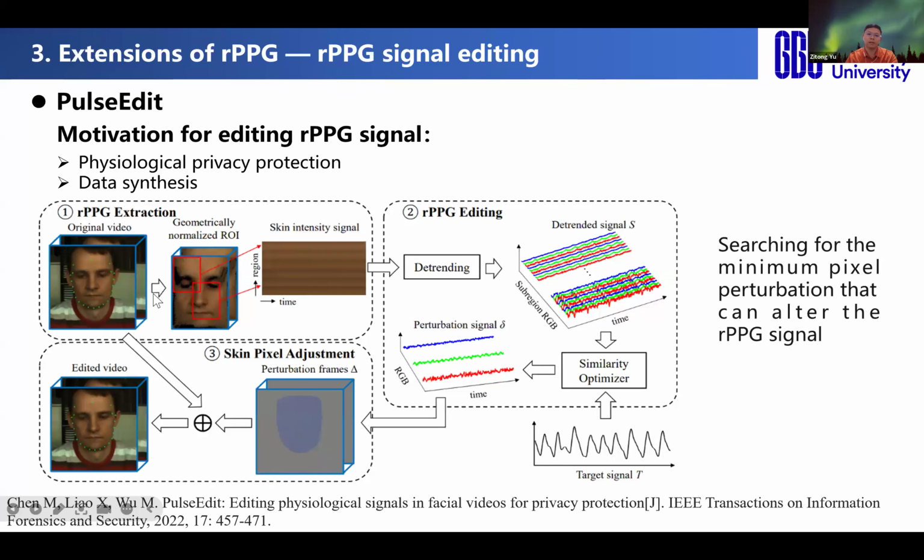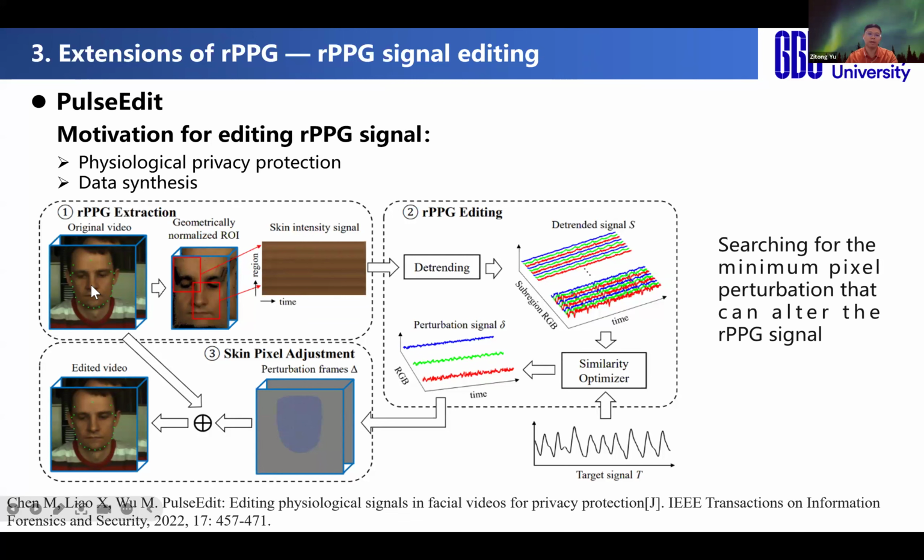In this work, they first estimate the rPPG, do some signal detrending, and given a target signal, they do some similarity optimization so they can get a very subtle perturbation signal. After that, using this signal back on only the skin region, they get the edited video.